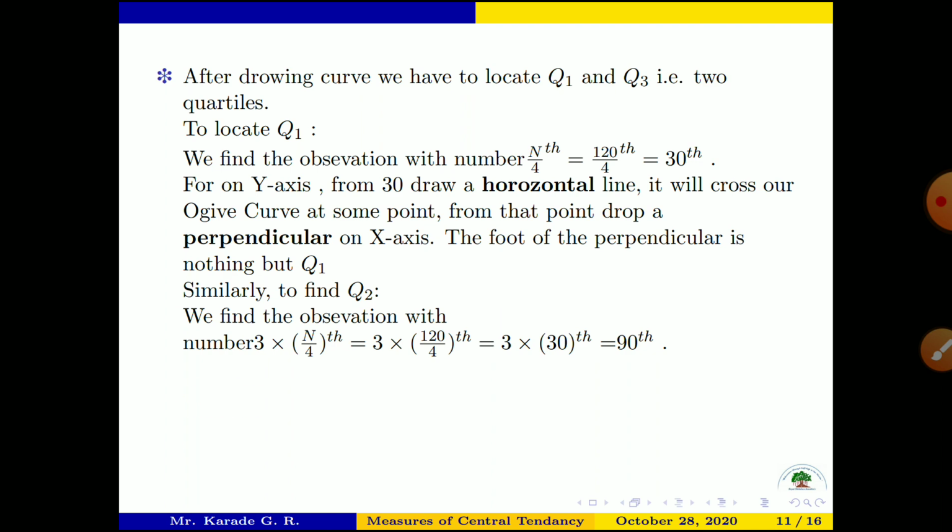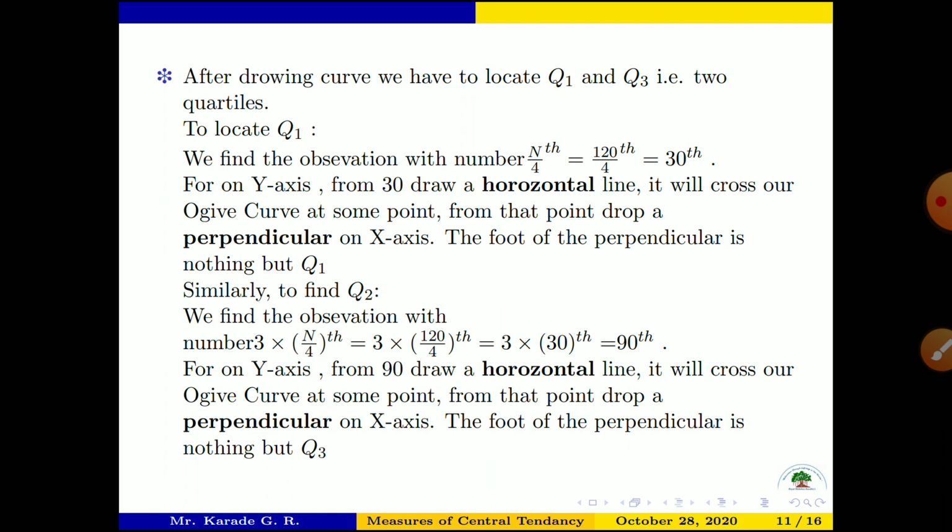Okay, so on the y-axis from 90, draw a horizontal line. It will cross our Ogive curve at some point. From that point, drop a perpendicular on the x-axis. The foot of the perpendicular is nothing but Q3. Okay, so to find both the quartiles, we have to find Q1.